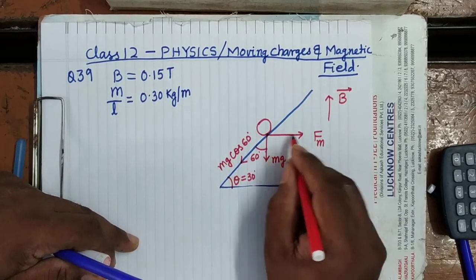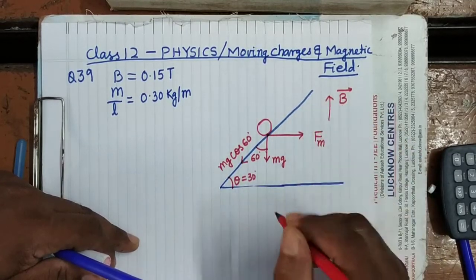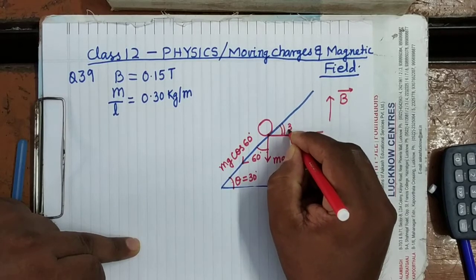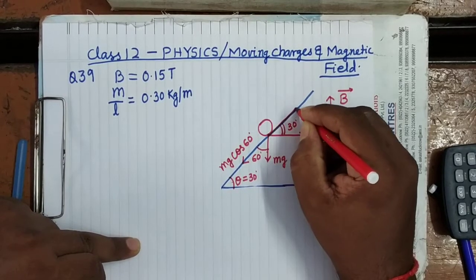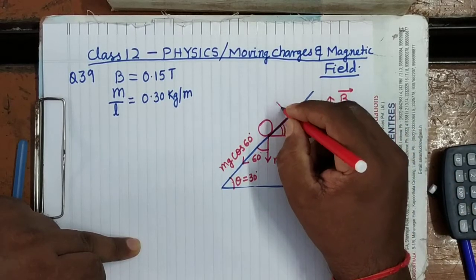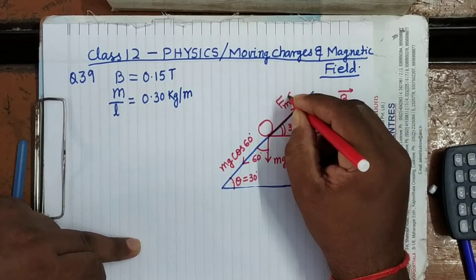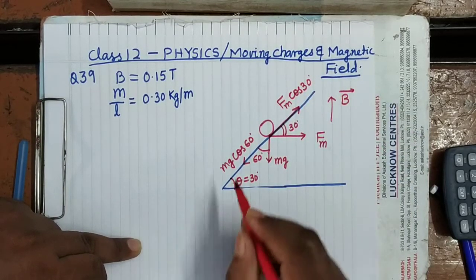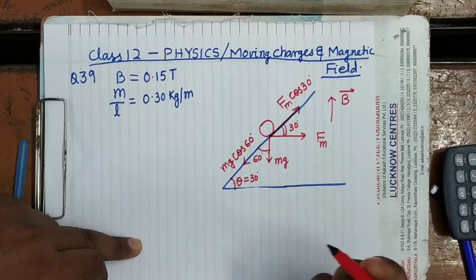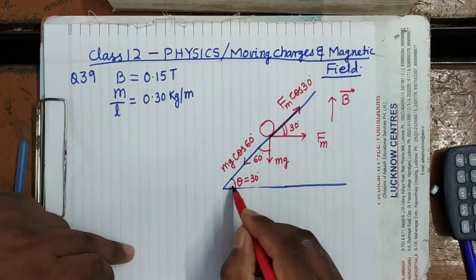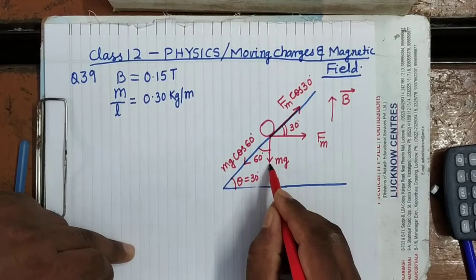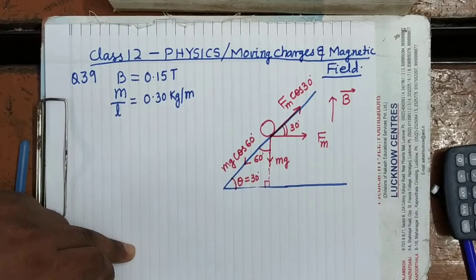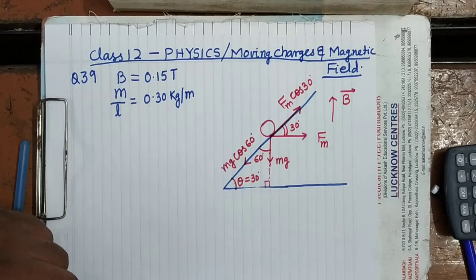While the component of this magnetic force along the incline, this angle will also be equal to 30 degree. And what will be the component? It will be Fm cos 30 degree. This we can also write mg sin 60 also. It's clear. But I have evaluated this angle. It is very simple. This is mg, this angle is 90, this is 30, so this will be equal to 60. It is clear.